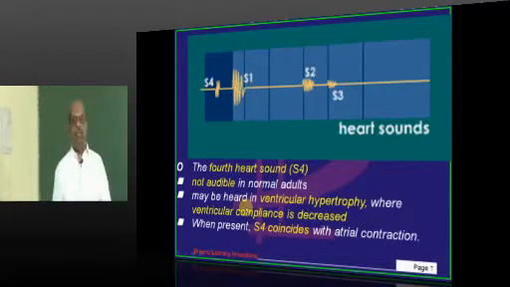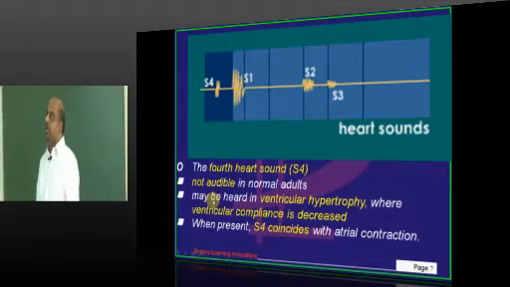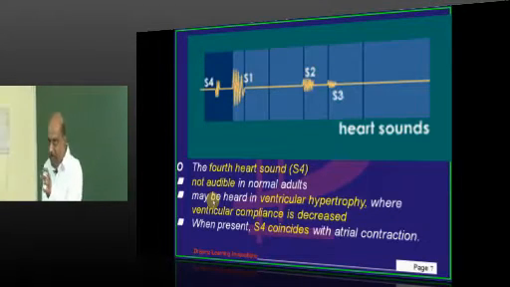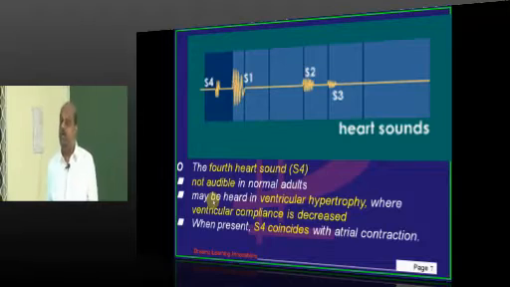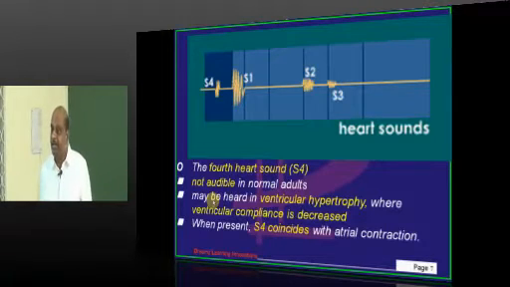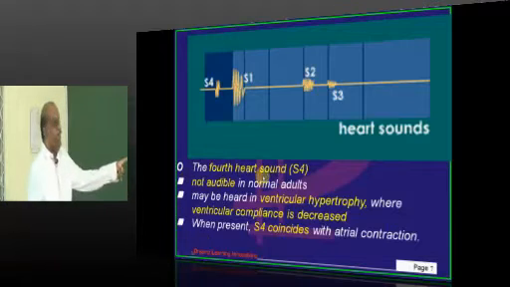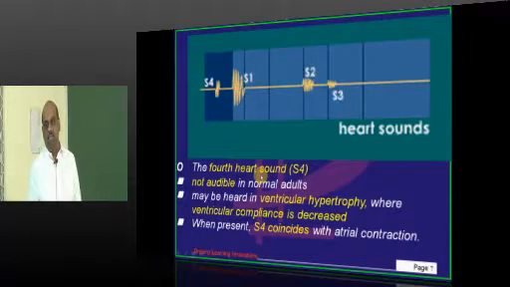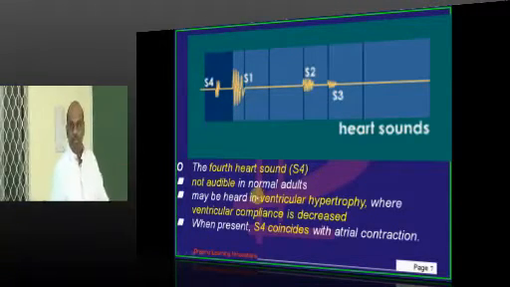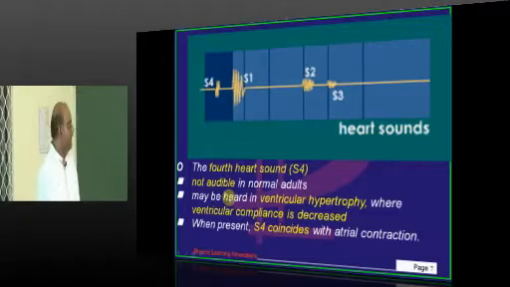Most important point we reached. During the time of atrial systole, which corresponds to the last 1/3 of the ventricular diastole, we hear the fourth heart sound. It is not normal in normal adults.